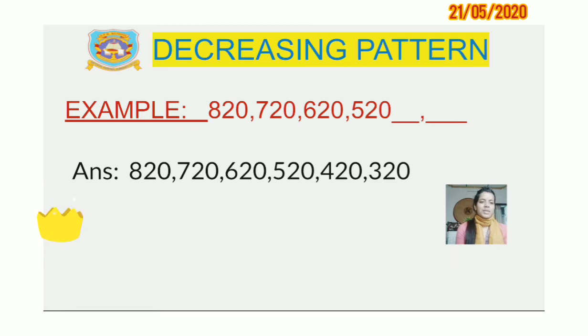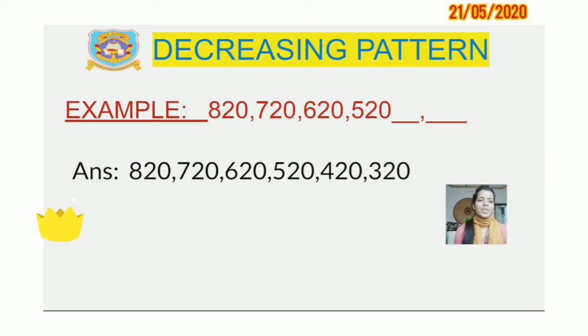So dear children, today we have learned about pattern in numbers in various ways. Number 1, we have learned about pattern with even numbers. Number 2, we have learned about pattern with odd numbers. Number 3, we have learned about growing patterns. Alright, and finally we have learned about decreasing patterns.